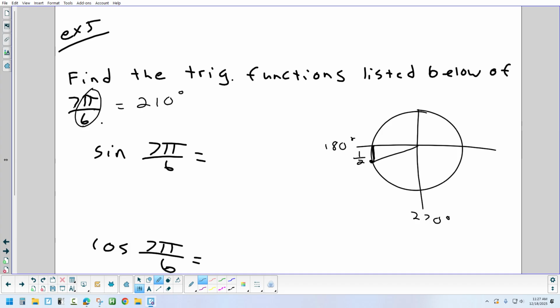But that side is a half a unit. And what about the long side? How long is that? How do we know that it's a half a unit? Is that just always how it is? In a 30, 60, 90, yeah. And what about our long side?